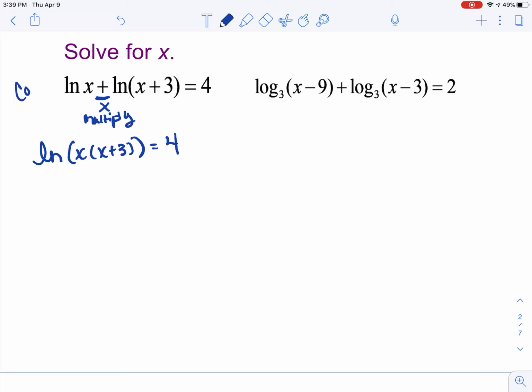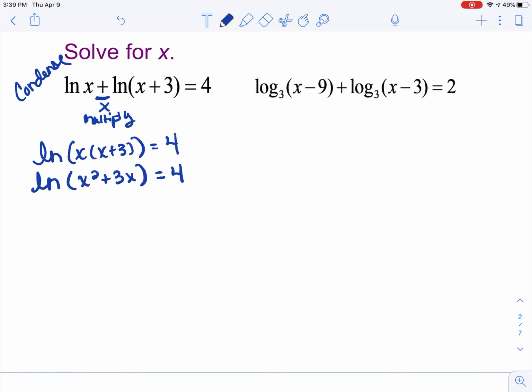We're going to condense right here. Now I'm going to multiply that out: the natural log of x squared plus 3x equals 4. Now I only have one logarithm.